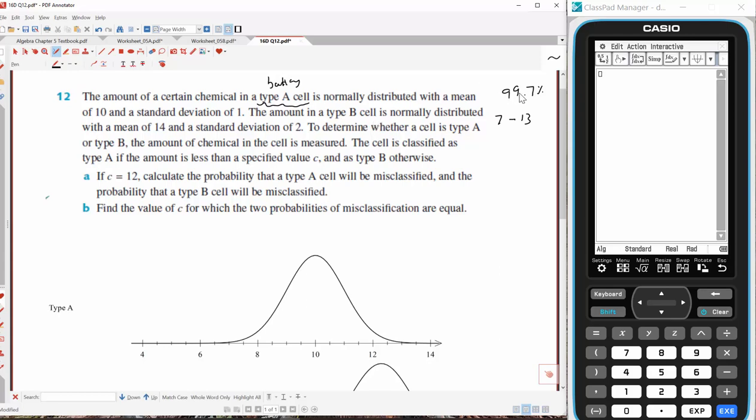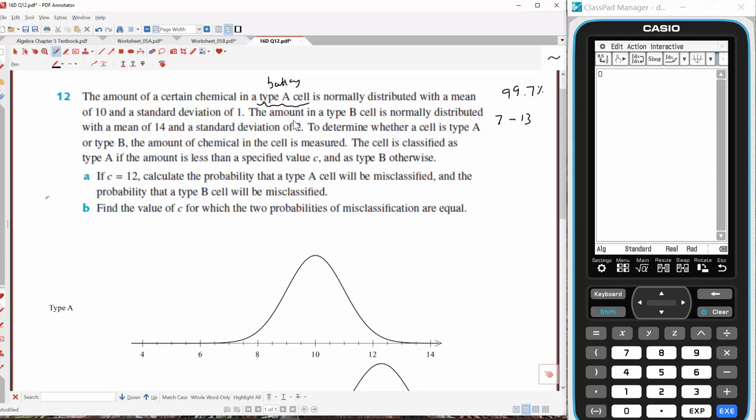I can be 99.7% confident that that's how much stuff there will be in a type A cell. And I've actually drawn the distribution curve. I've used a software package to draw this for me. That's what it will look like. Here's the mean, which is 10, plus 3 standard deviations either side will be 99.7% of the values.